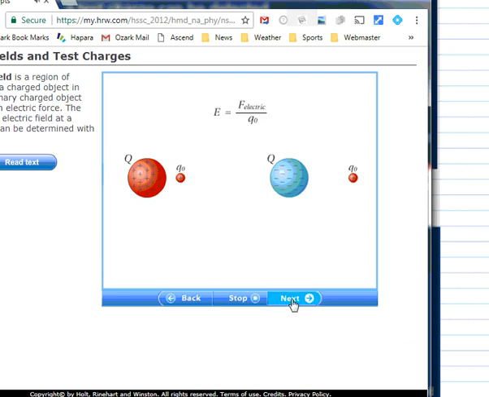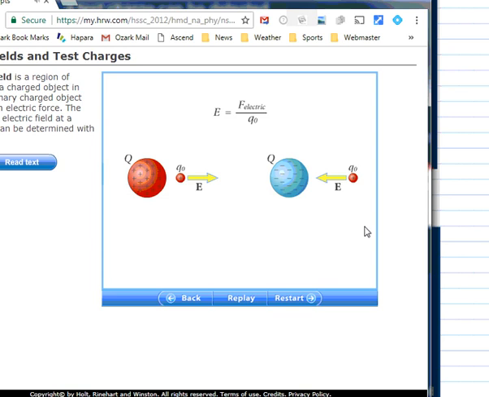The electric force, like any other force, is a vector quantity. The strength of the electric field at a point is defined as the magnitude of the force acting on the test charge divided by the charge of the test particle, which is always positive. The direction of the electric field at a point is defined as the direction of the electric force that would be exerted on the test charge.